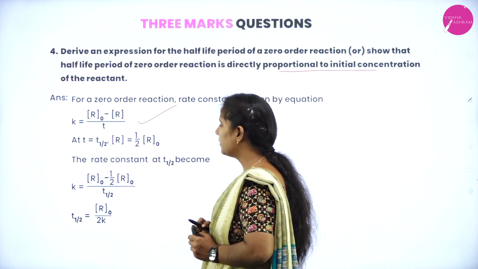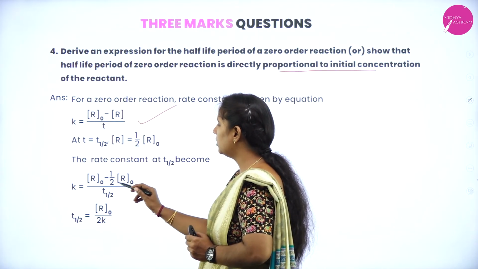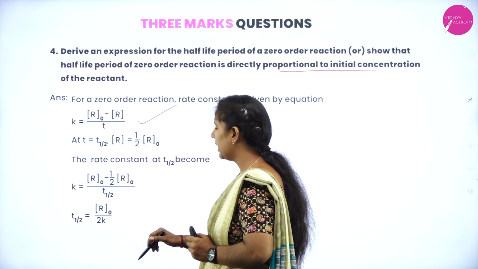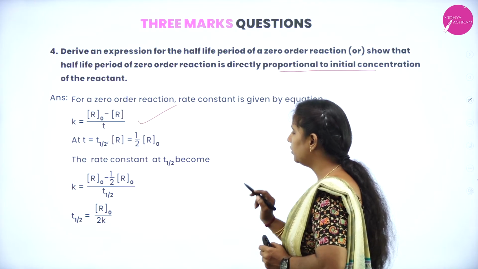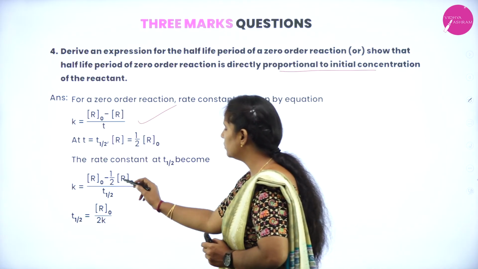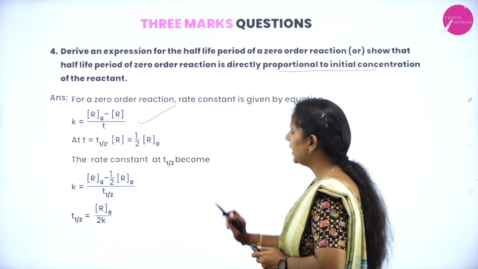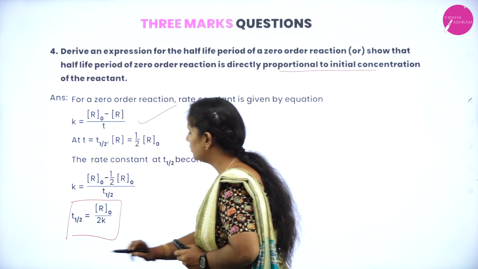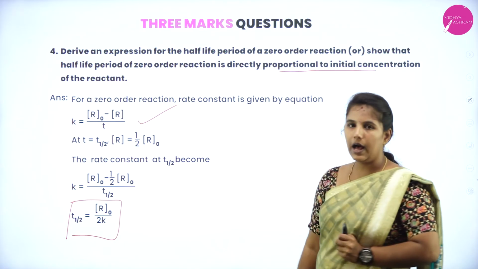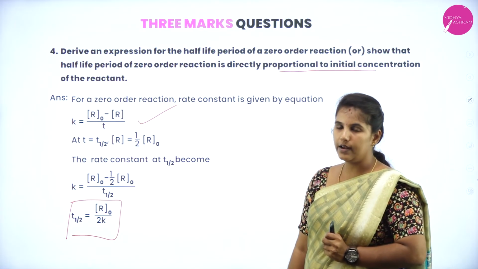The equation becomes R0 minus half of R0 divided by t half, and you can rewrite it as t half is equal to R0 divided by 2K. This 2 comes to the denominator and becomes 2K. This is the final equation to represent the half-life period for the zero order reaction.